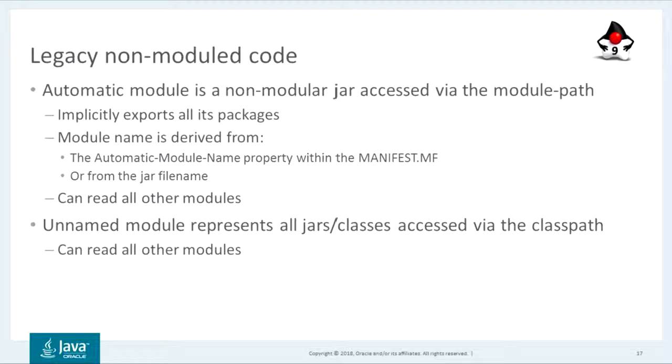Essentially, all jar files that are non-modules, from the earlier versions, are just open for you. It's like creating an open module that you could use from anywhere else, implicitly exporting all of their packages. So old code essentially still works in this new modular world, just with no ability for you to restrict which particular packages you want to export.